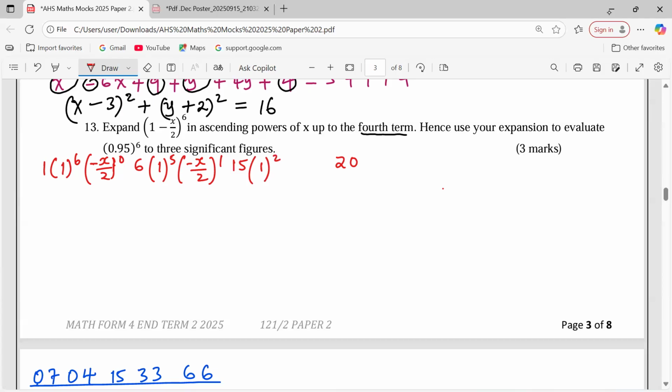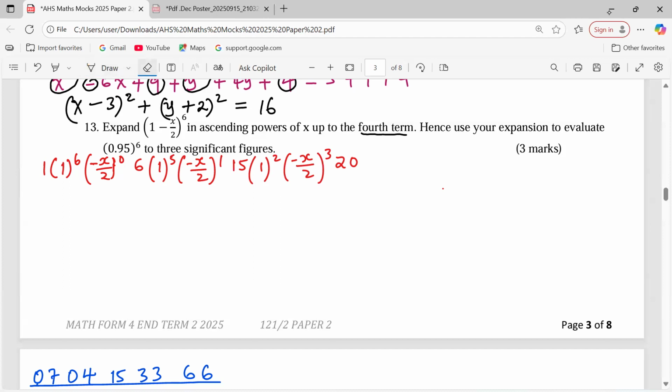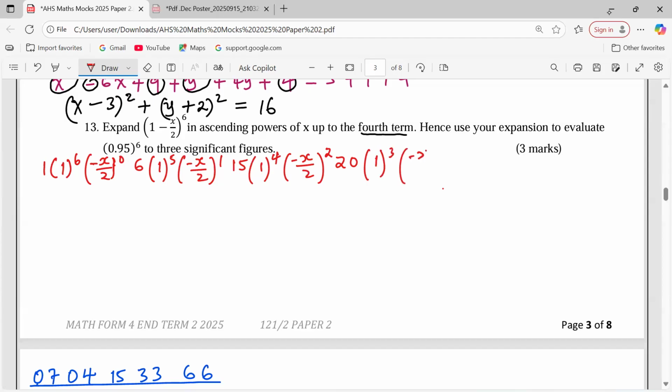Then 1 takes power 4 as negative x over 2 takes power 2. Remember, this is power 6, so we should ensure that the powers of 1 are descending as the powers of negative x over 2 are ascending. Then finally, we'll have 1 taking power 3 and negative x over 2 taking power 3.